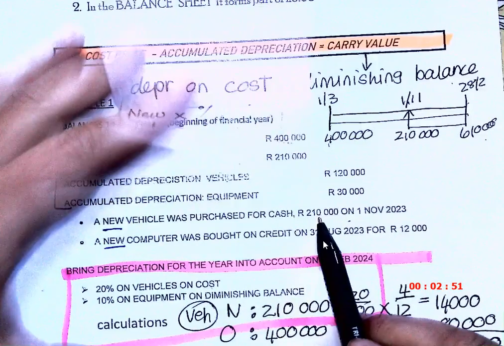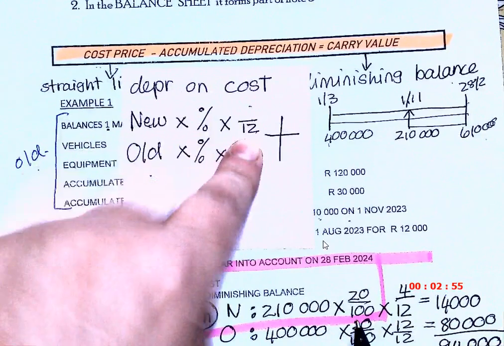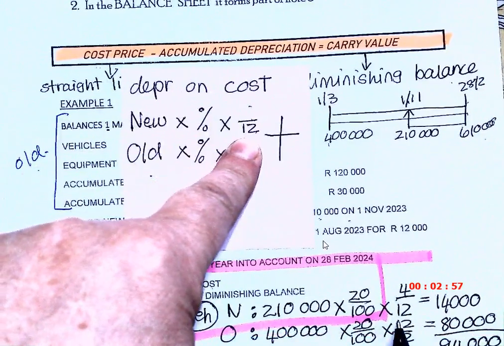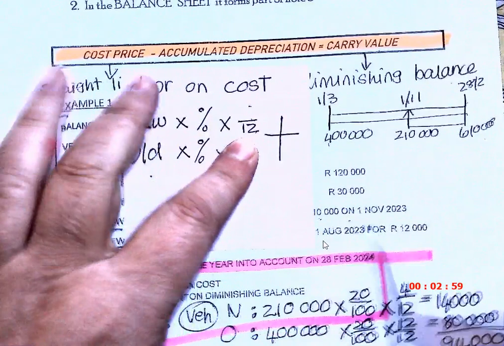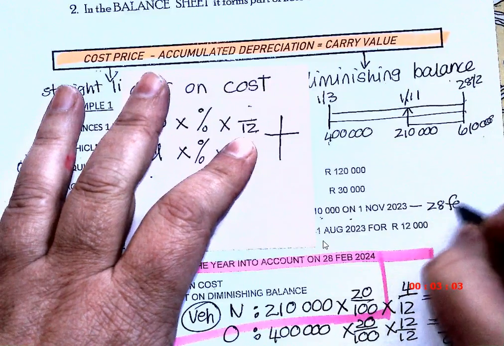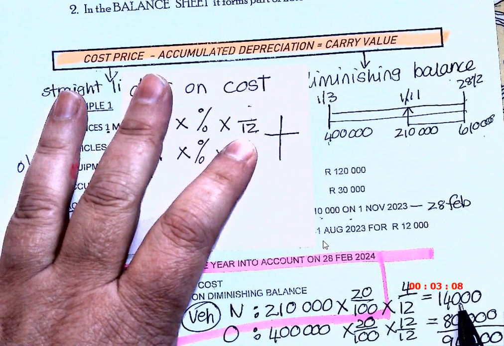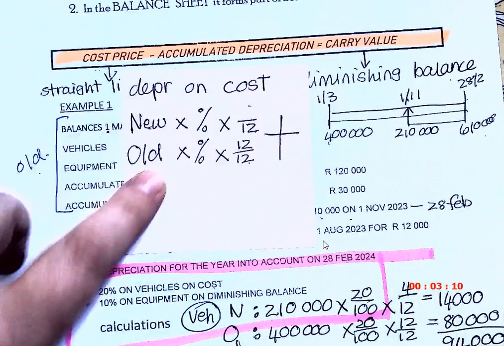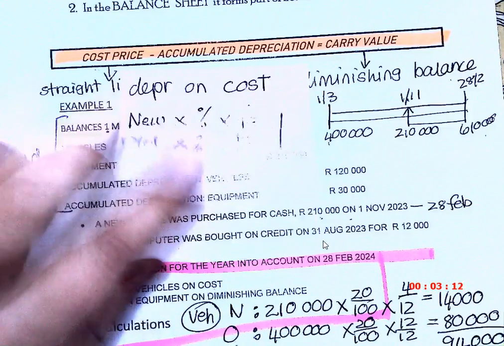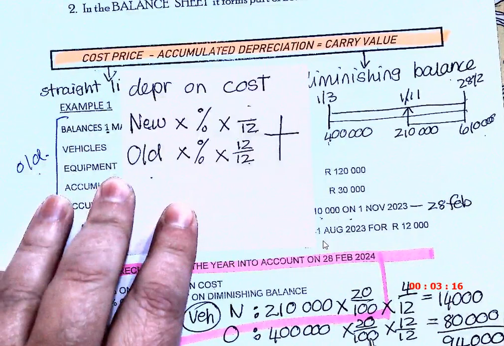I times it with the percentage, I times it with the months I've had it. Now I had it 1st November, so 1st November till 28 February gives me 4 months, and that gives me 14. When I do the old one, I'm taking the cost, so that is the 400,000, times 20% for 12 months.